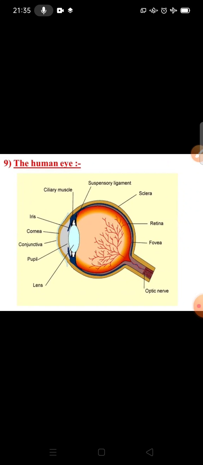So students, people should be encouraged to register and get an eye donation card. If one person donates their eyes, it can make two blind persons see. Understand what I am saying?